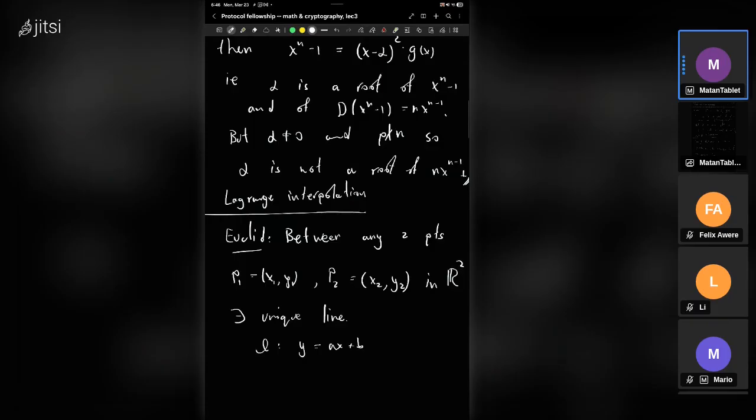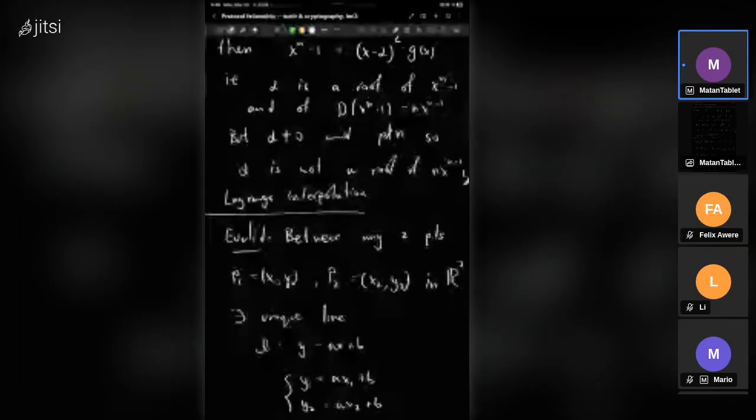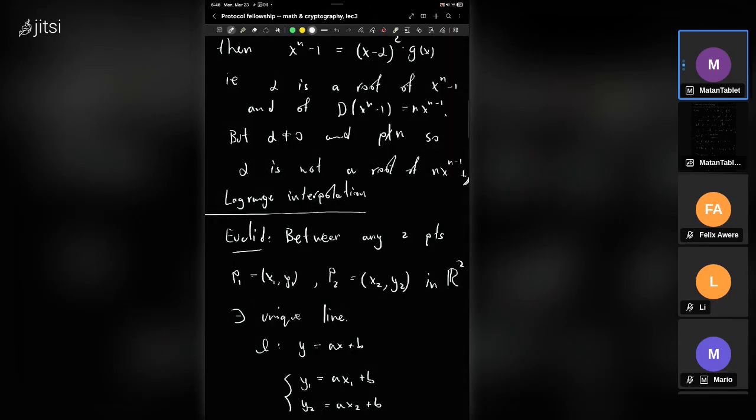And if I know that it passes through P1 and P2, then I have two equations in two variables: y1 equals ax1 plus b, y2 equals ax2 plus b. And there are unique a and b such that these two equations are satisfied.